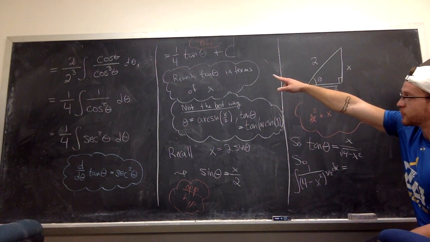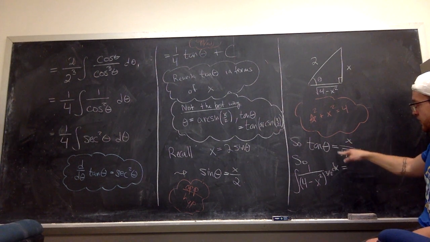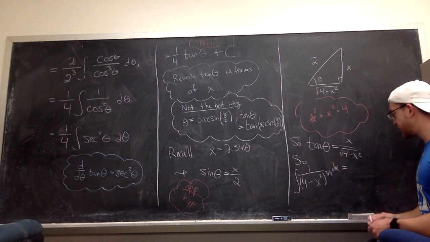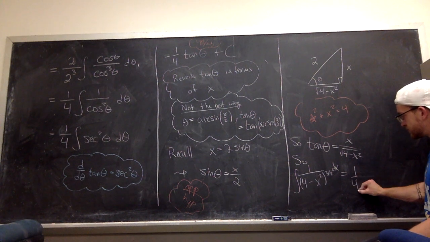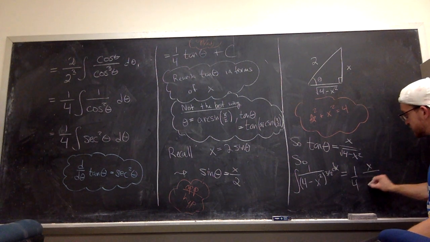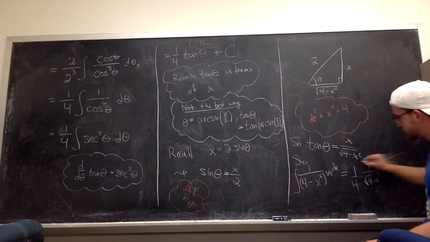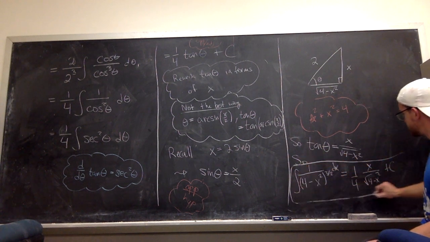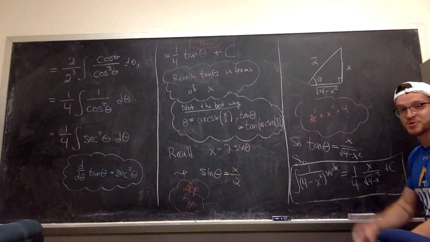We figured out it is 1/4 times tangent theta, so that's 1/4 times this, and we're done. There we go. That's a trig substitution.